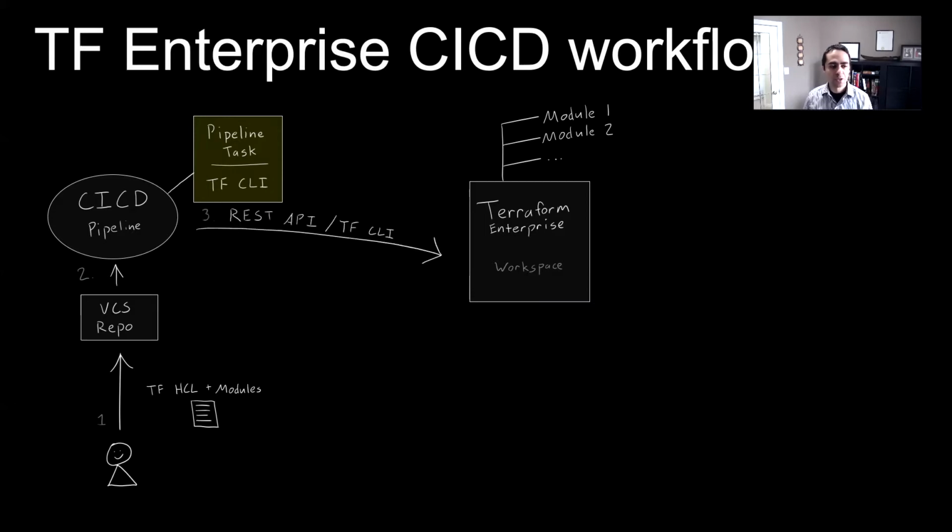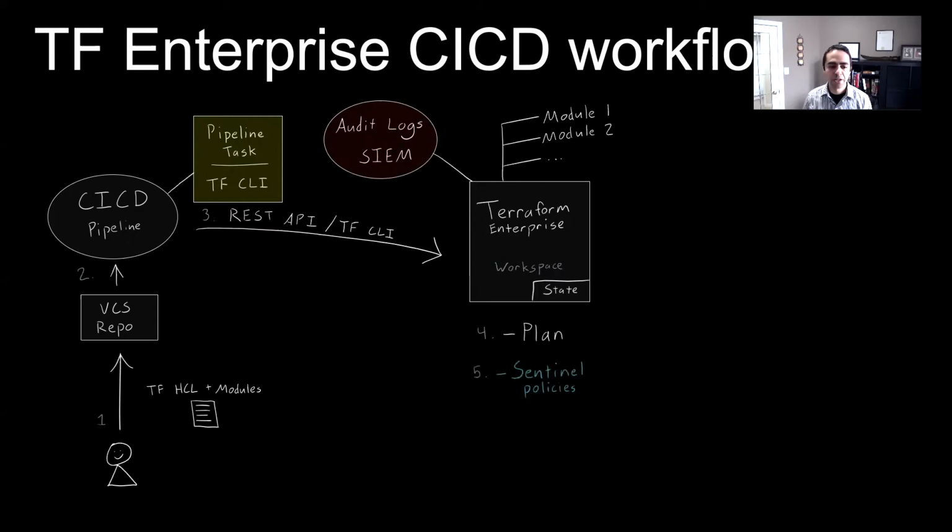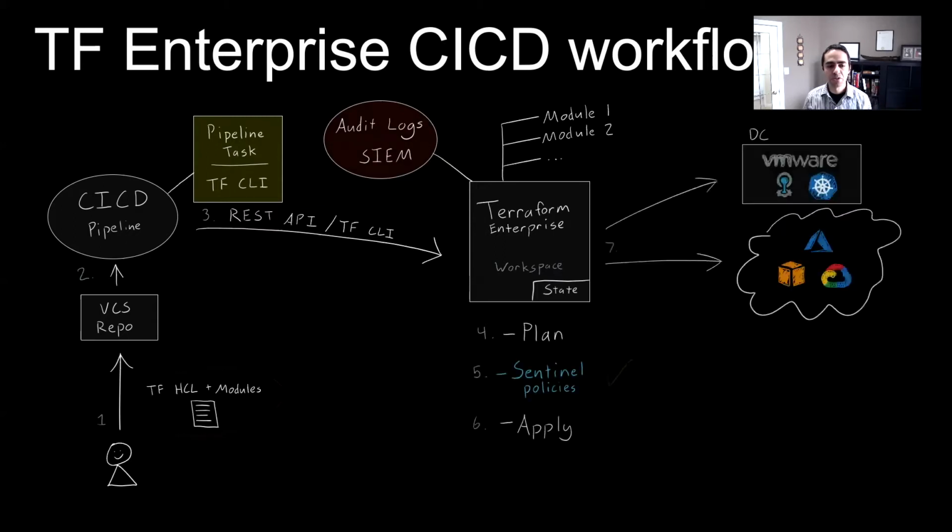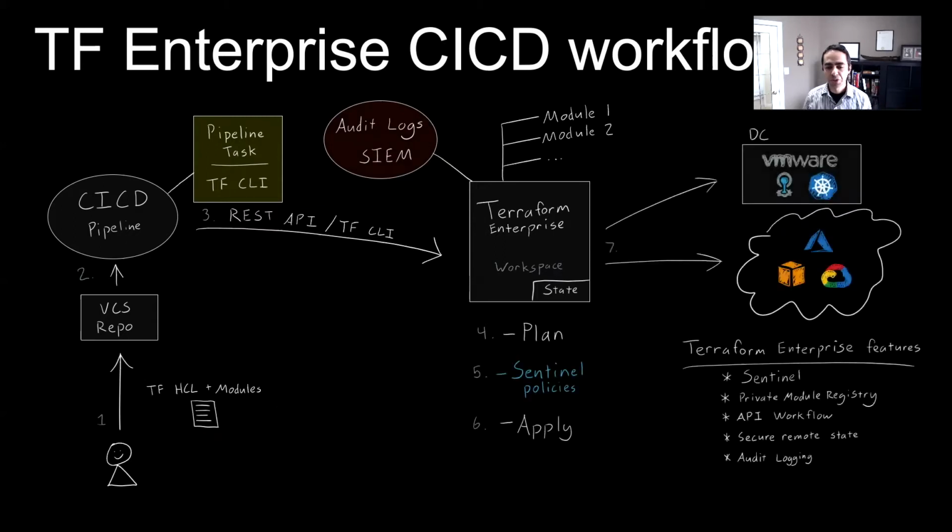And then once a build happens, your CI/CD tool will talk to Terraform Enterprise through the REST API or through the Terraform CLI that could be running on your Jenkins system, for example. From there, once again, the steps are the same at this point. You plan, you go through your Sentinel policies, you apply, and you're good to go. So the only difference here really is in the CI/CD pipeline stage, where it's one extra step along the way.